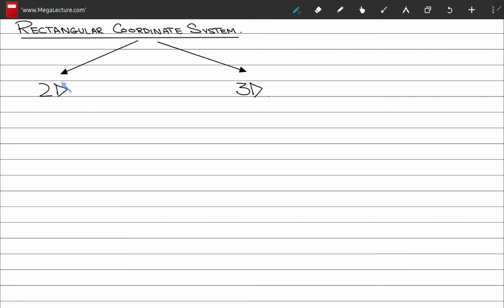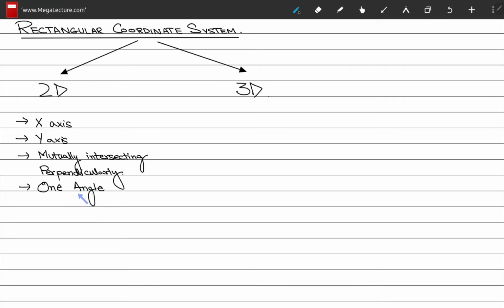For our purposes, we'll talk about a 2-dimensional and a 3-dimensional rectangular coordinate system. For a 2-dimensional system, we have x-axis and y-axis, and these axes are just lines which mutually intersect perpendicularly to each other.